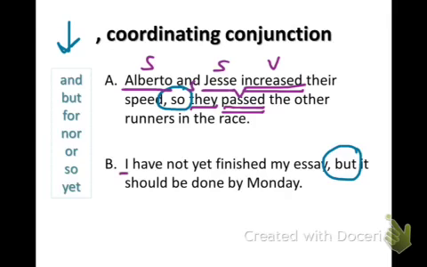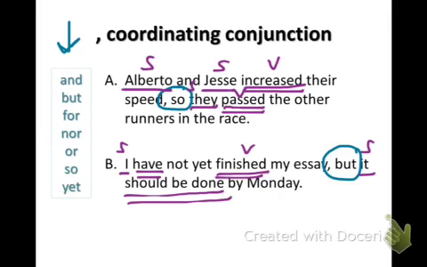Sentence B, I is the subject, have finished is my verb. After the conjunction, I have my subject it, and my verb should be done. And again, on both of these, I have two independent clauses being joined by a comma and a coordinating conjunction.